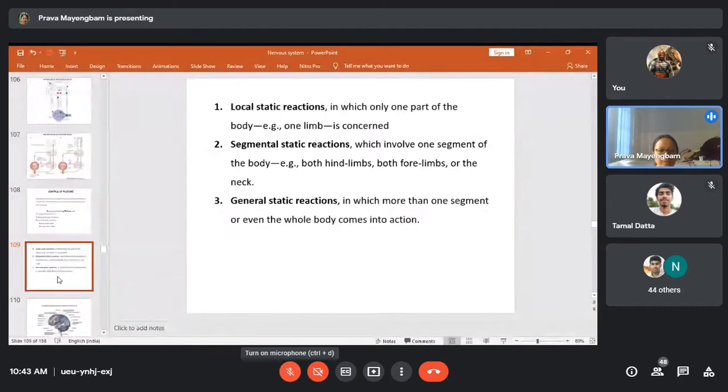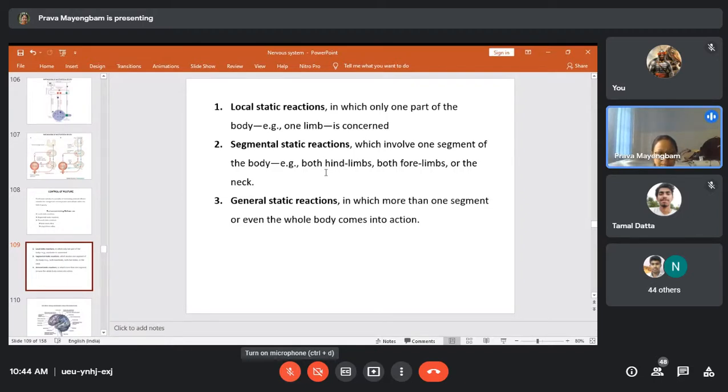Here, the local static reaction is one in which only a part of the body, say one limb, is concerned, like how you move your fingers, or your hand or forearm. The segmental static reaction involves a segment of the body, say the lower part of your body, or both the hind limbs, or both the forelimbs, or the upper part of the body.